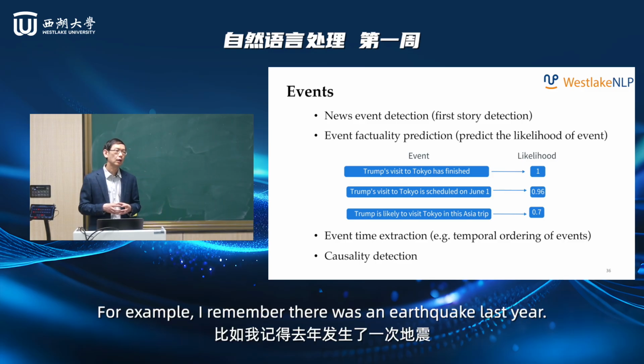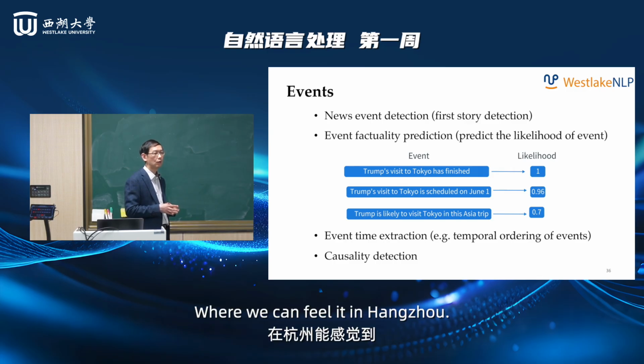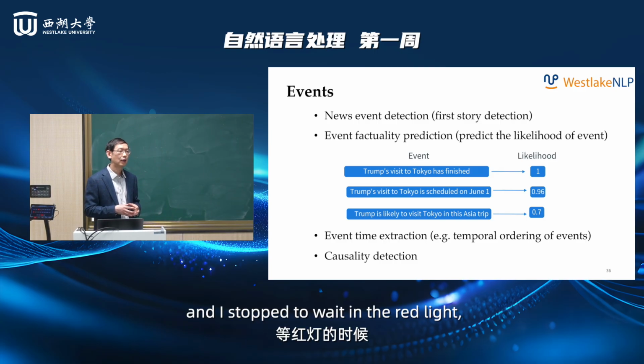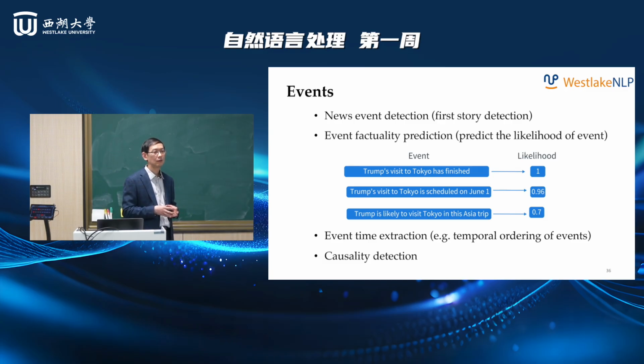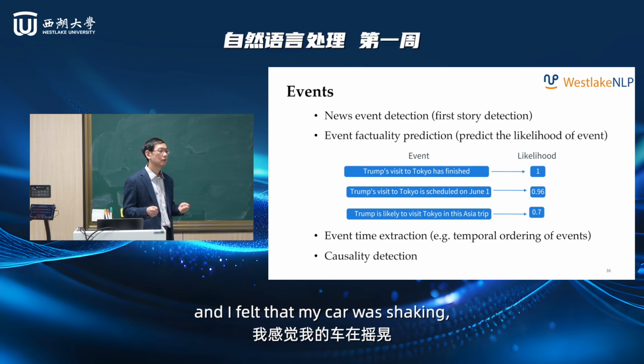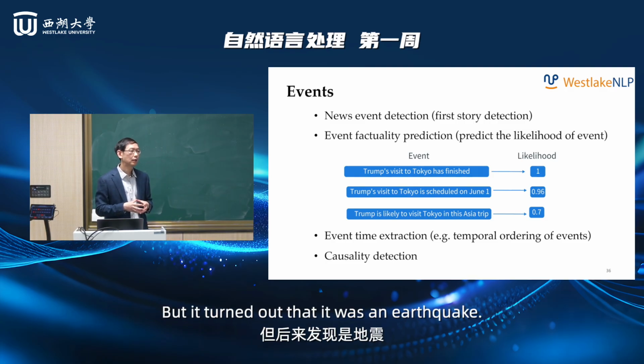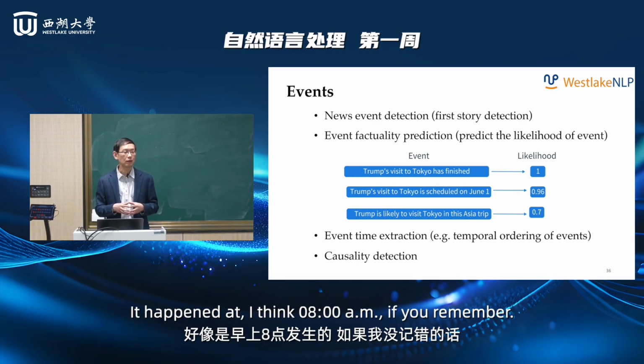For example, I remember there was an earthquake last year, okay, where we can feel it in Hangzhou. So I remember I was driving on the road and I stopped to wait at a red light. And I felt that my car was shaking. And I thought some heavy vehicles must have passed by or something. But it turned out that it was an earthquake. It happened at, I think, 8 a.m., if you remember.